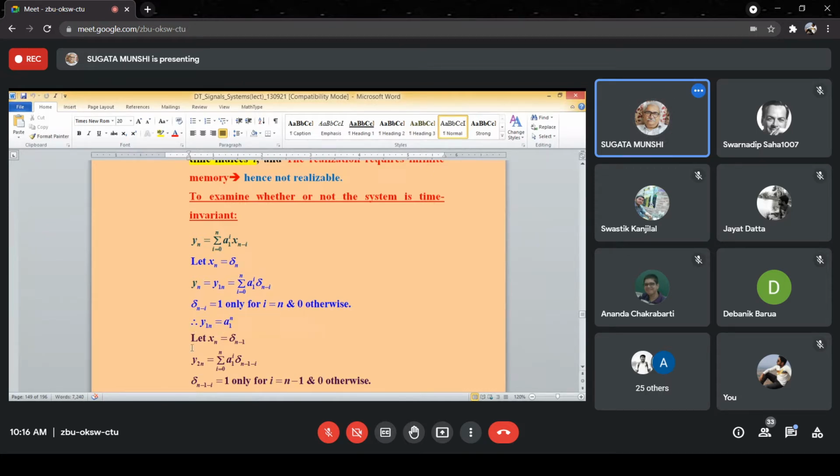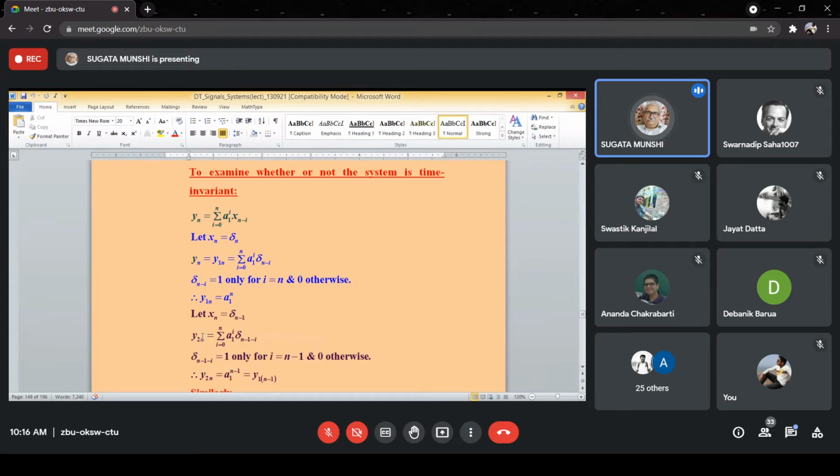Now, as a next case, consider x[n] equal to delta[n minus 1]. So what does y[n] become? y2[n] equals this summation a1 to the power i delta[n minus 1 minus i]. This delta[n minus 1 minus i] will be equal to 1 only for i equal to n minus 1 and 0 otherwise, isn't it?